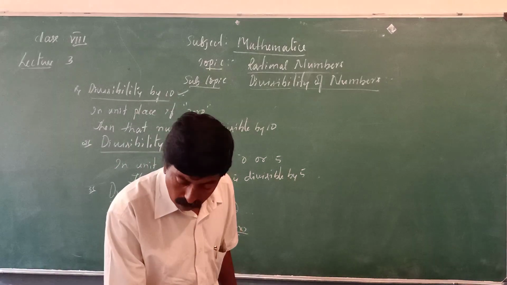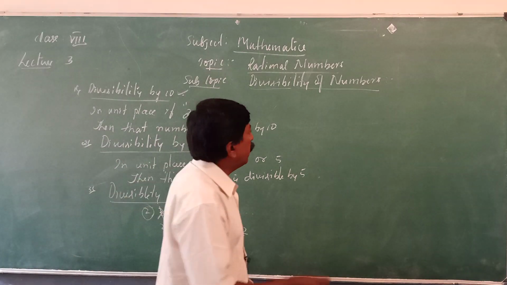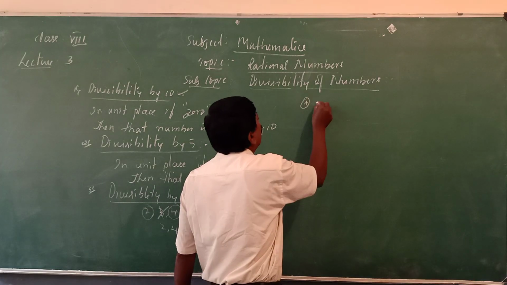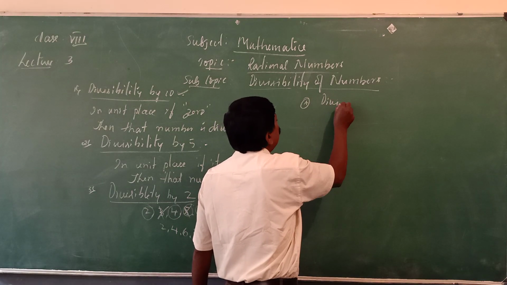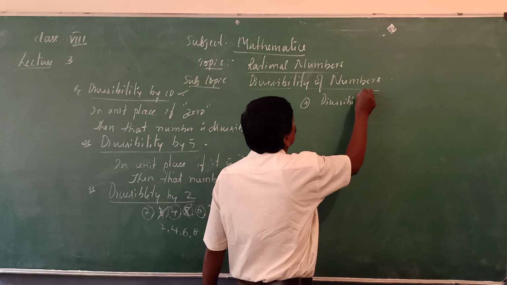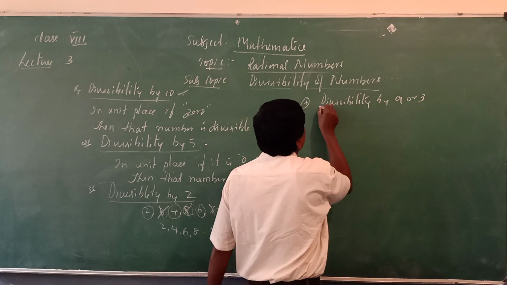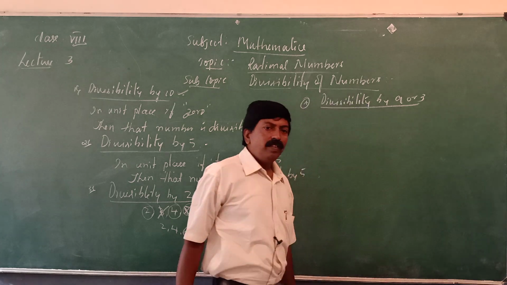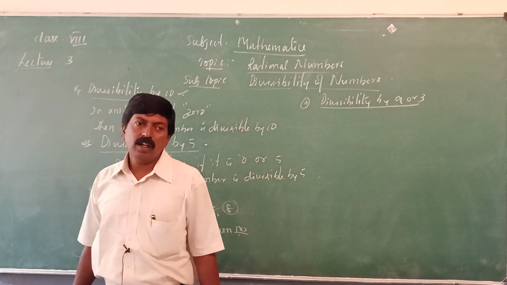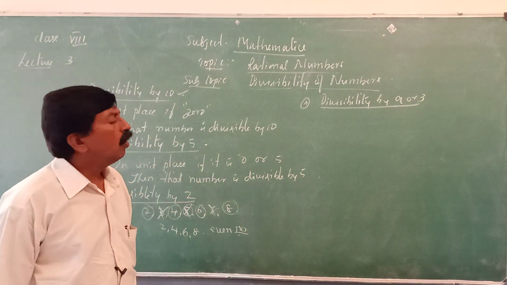And the last rule is divisibility by 9 or 3, a special one. Which are all the numbers that are divisible by 9 or 3?